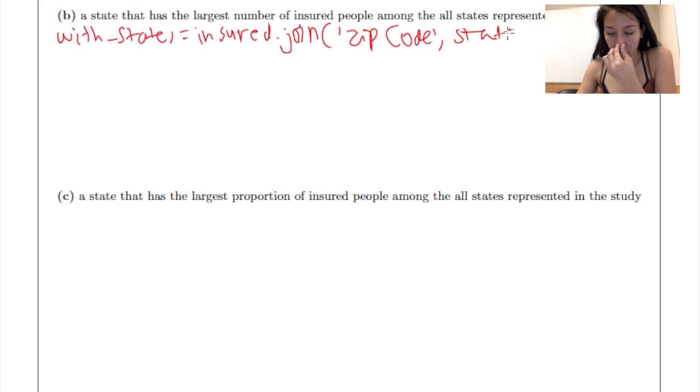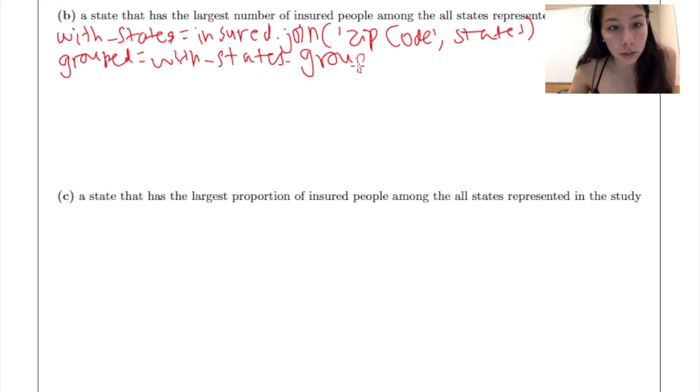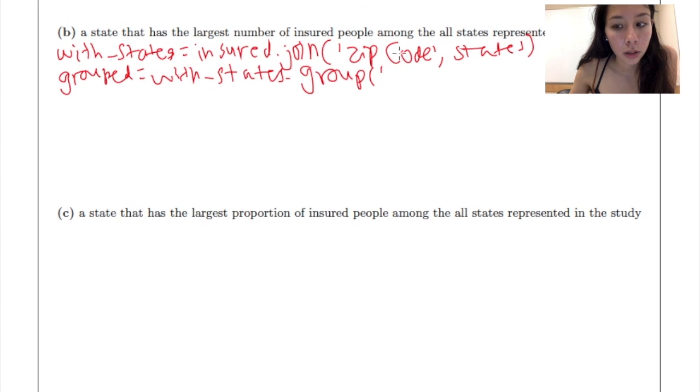Okay. So the next thing I did is I grouped this table by the state, because we want to be just looking at the individual states. Alright, so I'm going to make that into a new table called grouped equals with states dot group, and we want to be grouping by state.